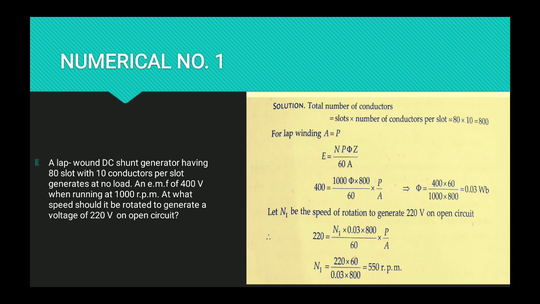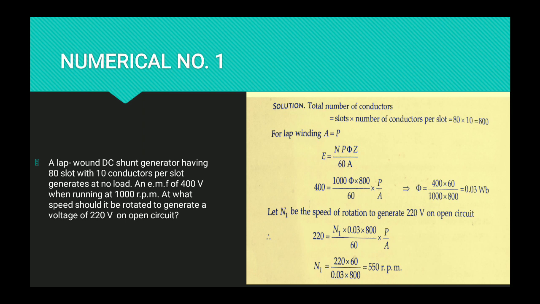So phi equals 400 into 60 by 1000 into 800, equals 0.03 Weber. That is the flux per pole, or phi.